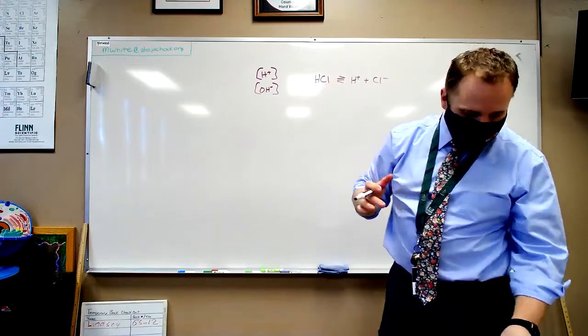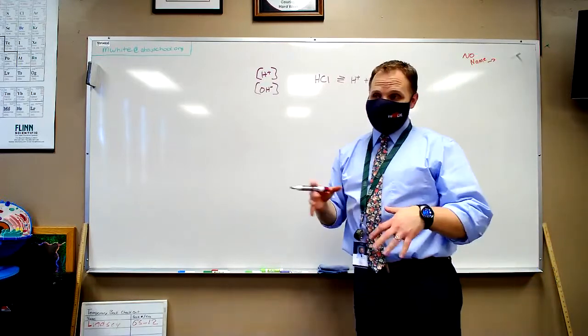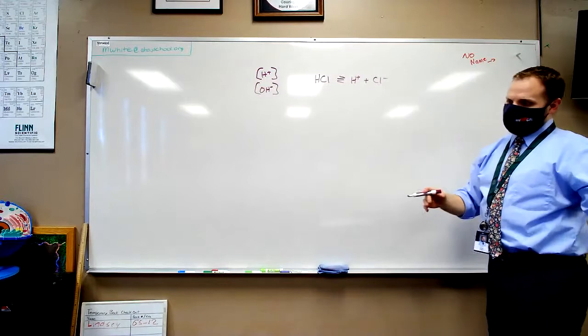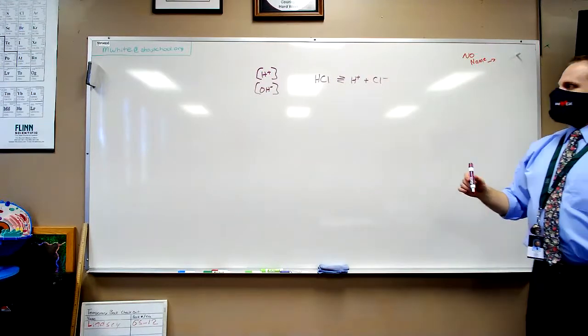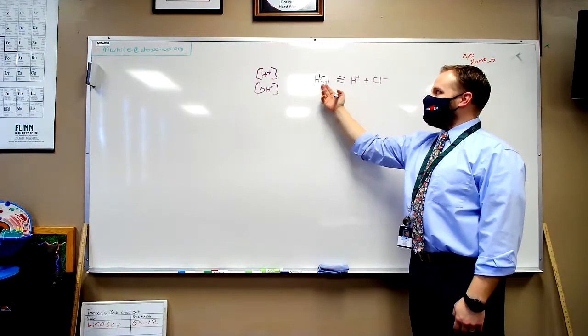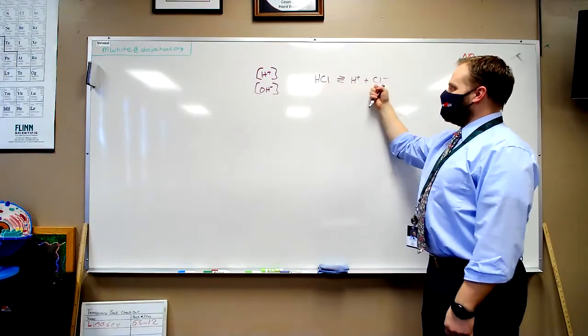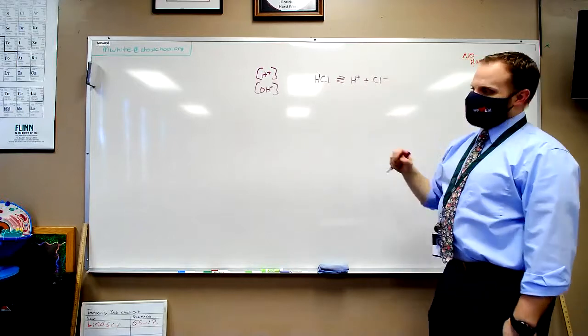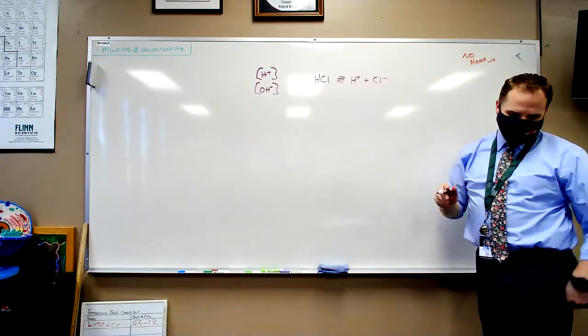In fact, it's so close to all that we just say all of it. Everything that you put from here into water is going to dissociate into hydrogen ions and chlorine ions. Okay?